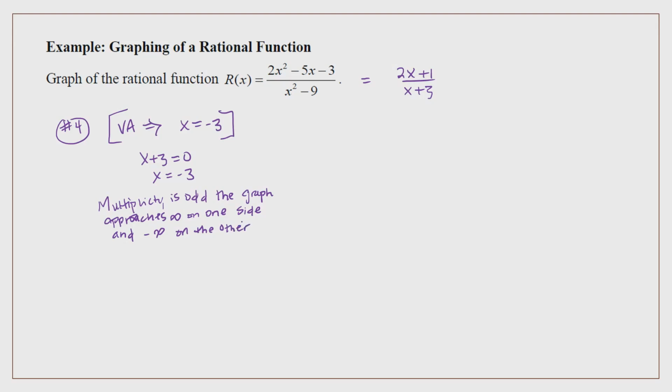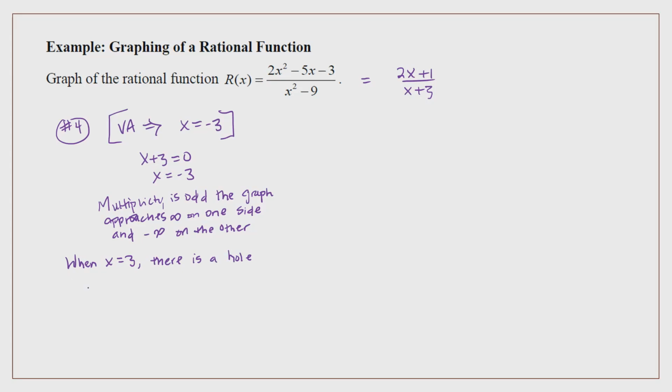Okay. Now, what about our other factor that we eliminated, the common factor? So when x equals 3, there is a hole. Now, where is the hole?